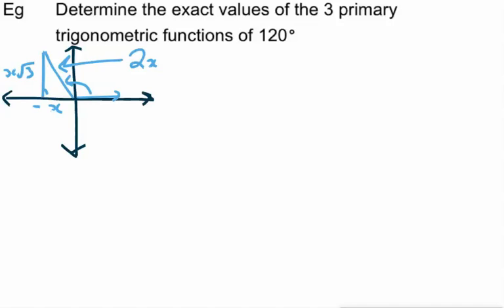So now we start looking at the trig functions. Sine of 120 degrees. Sine again, opposite over the hypotenuse. Which angle are we looking from? This one in here by the origin, by the middle. Opposite, x root 3. Hypotenuse, 2x.